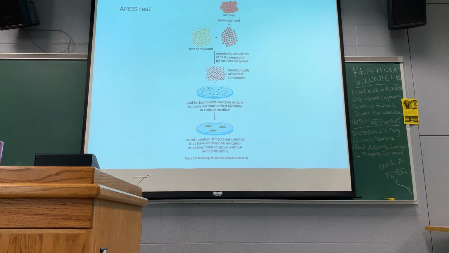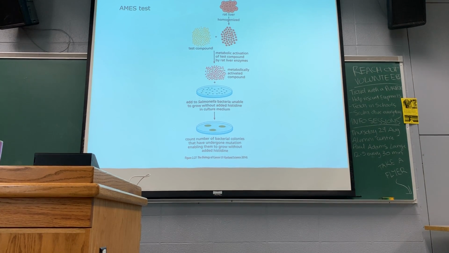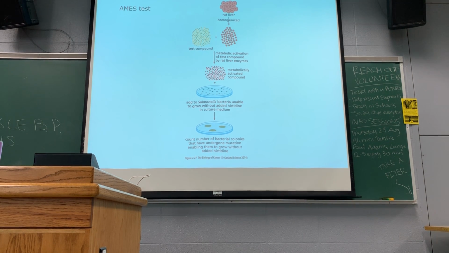Okay. So they have a single base pair mutation. I'm going to abbreviate base pair that way. That makes them unable to produce histidine. If you add a mutagen to them, then some of them are going to have this revert, right?